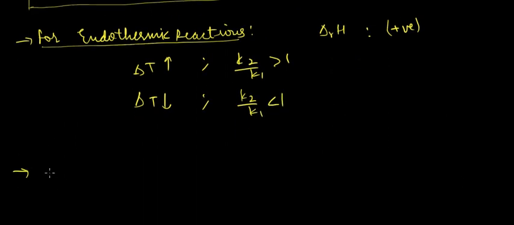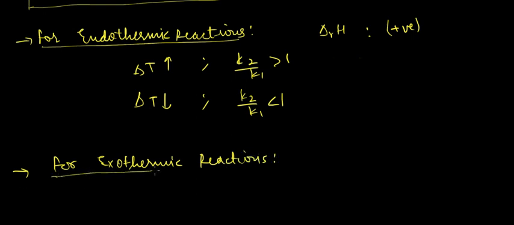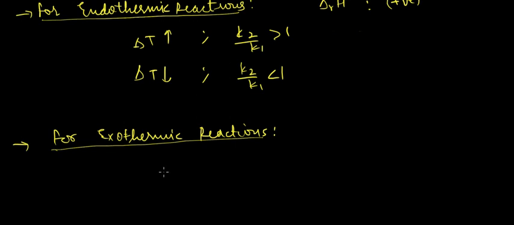And what about exothermic reactions? For exothermic reactions, using the same analogy of the above note, we can write that as T increases, K2 by K1 becomes less than 1.